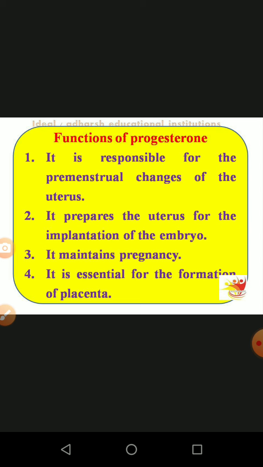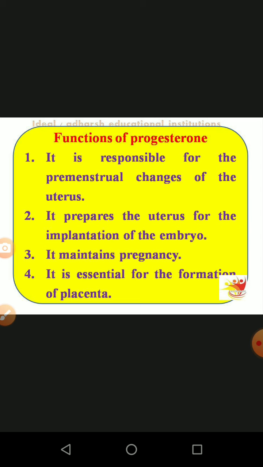The premenstrual changes are brought about by progesterone. Without progesterone, the uterus cannot develop and prepare for the implantation of the embryo. Implantation means the embryo attaches to a place, implantation of the embryo to maintain the pregnancy.